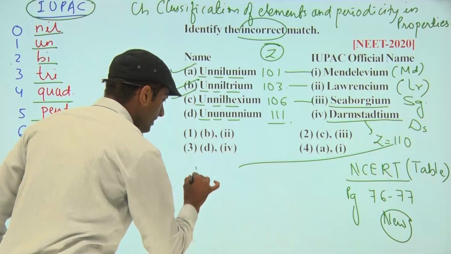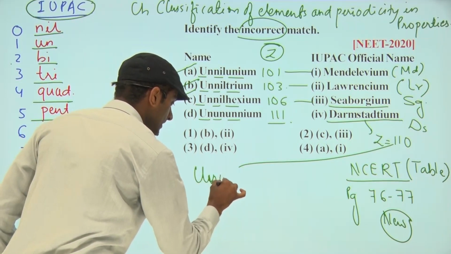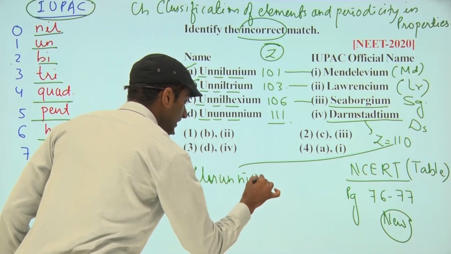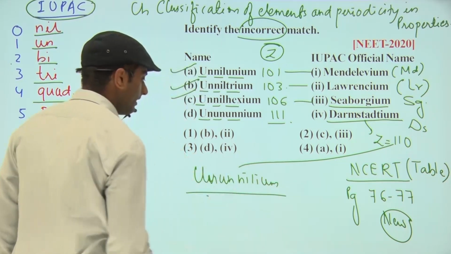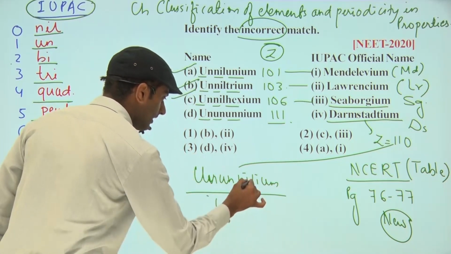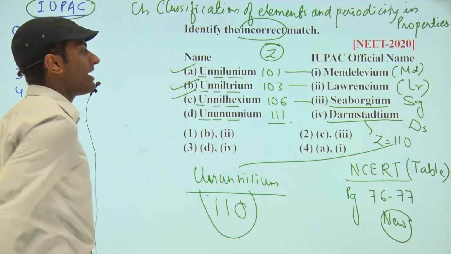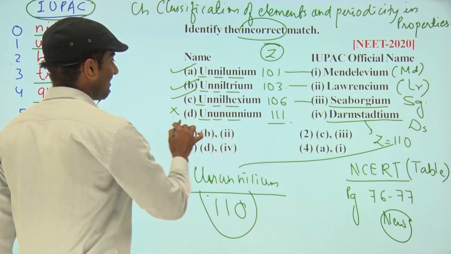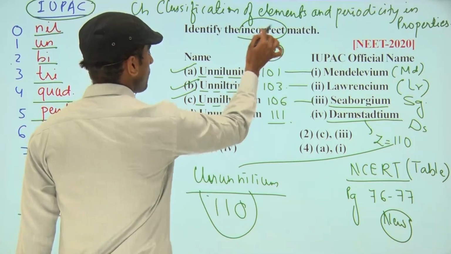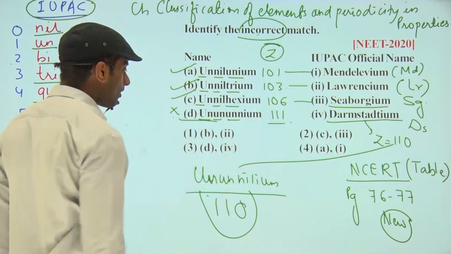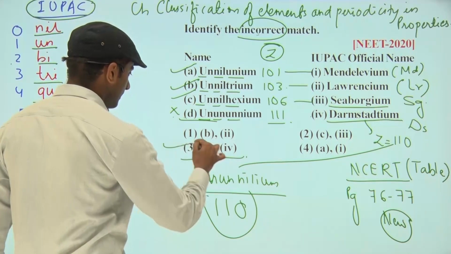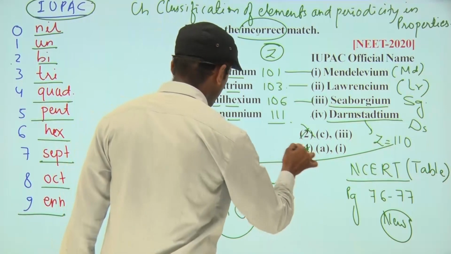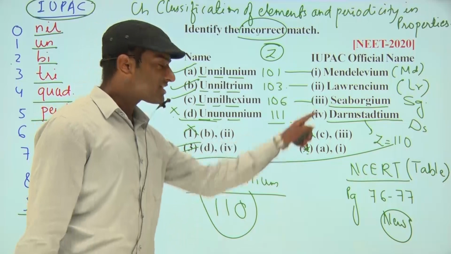So the name should be ununnilium. This should be the name, ununnilium. Un for the 1, that's 1, and nil for the 0, 110. So we can say that option 4 is going to be wrong here, and that is your answer. Option 4 is the wrong option here. So we can say that the third option is going to be correct here. The option is correct, but the match is incorrect here.